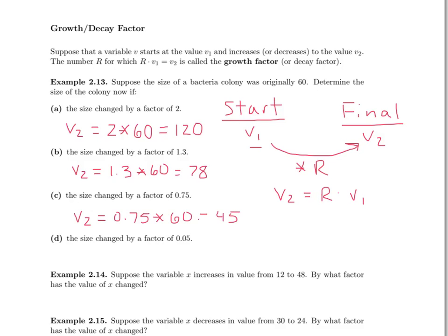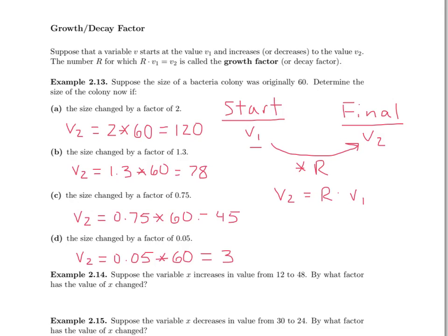In part D, the size changed by a factor of 0.05. So the ending size of the colony is 0.05 times the original size of the colony, which, if we multiply this, gives 3.